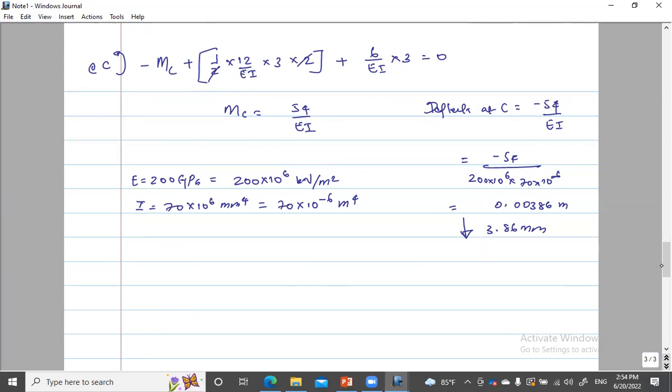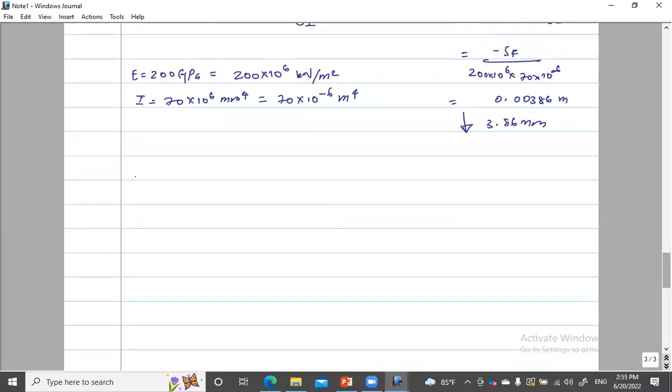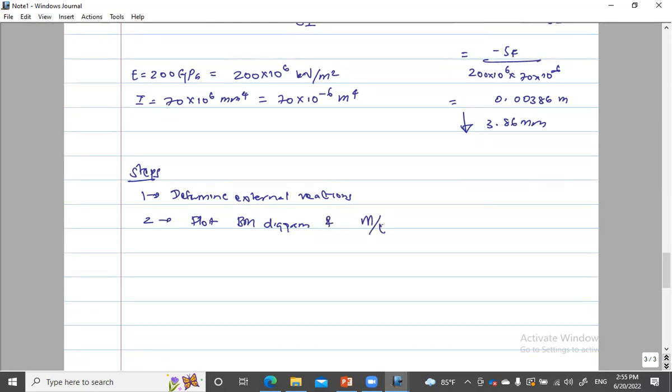So the steps are: 1. Determine external reactions. 2. Plot the bending moment diagram and M over EI diagram.